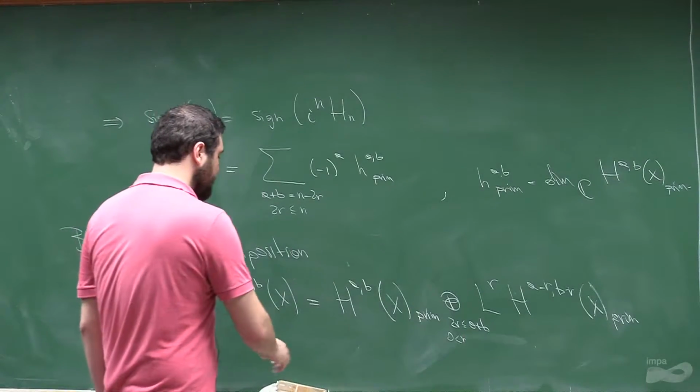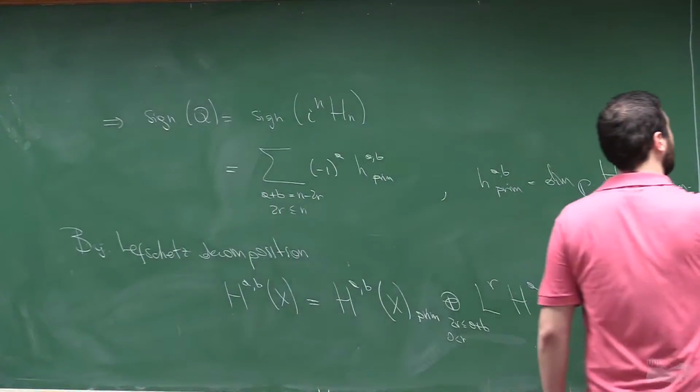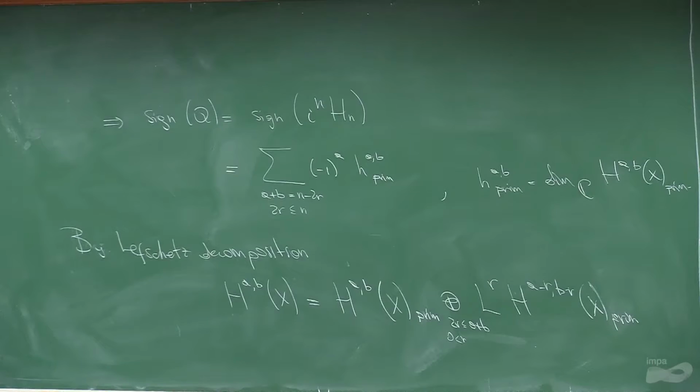And so we can write that H^{a,b}(X) is equal to H^{a,b} prime plus L times H^{a-1,b-1}.